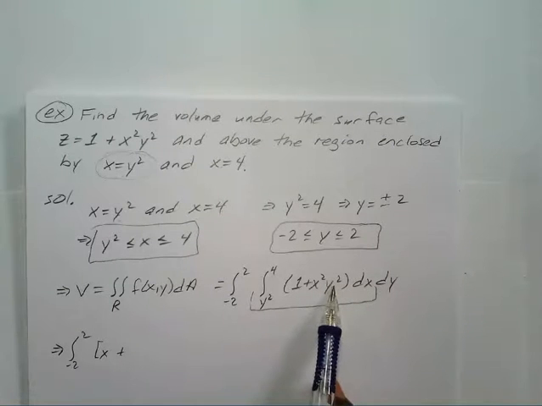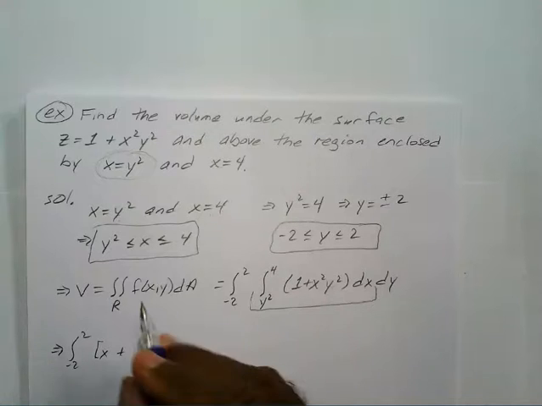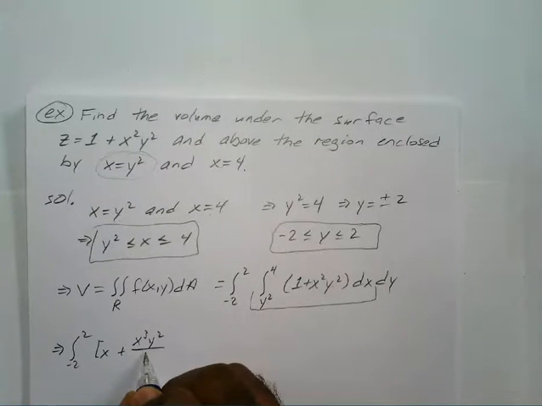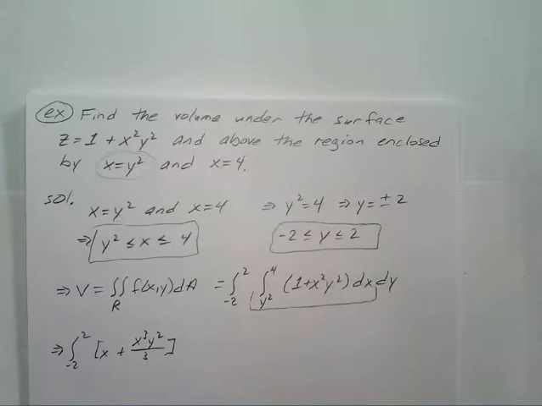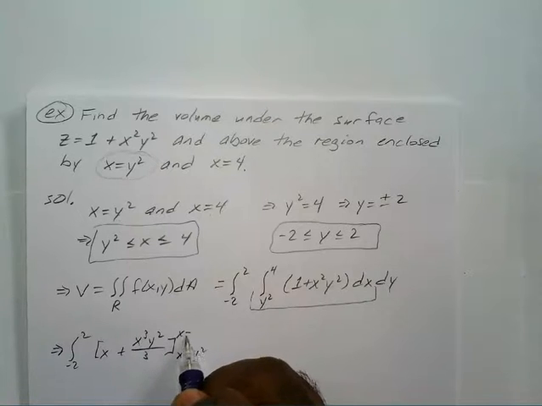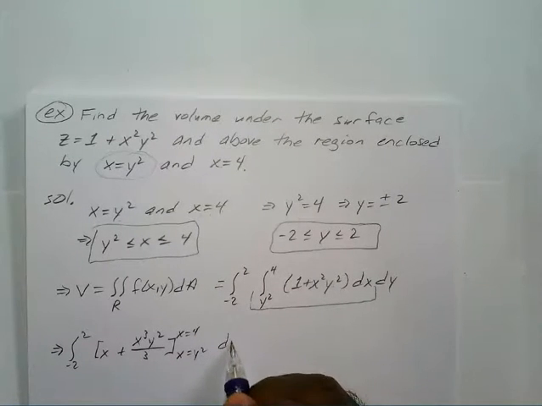Remember, the y squared is considered a constant, so you have x to the third y squared over 3. Remember, that's from x equals y squared to x equals 4. And don't forget your dy.